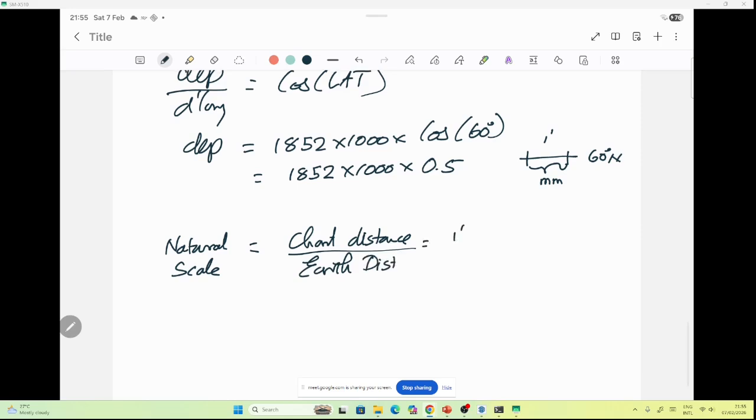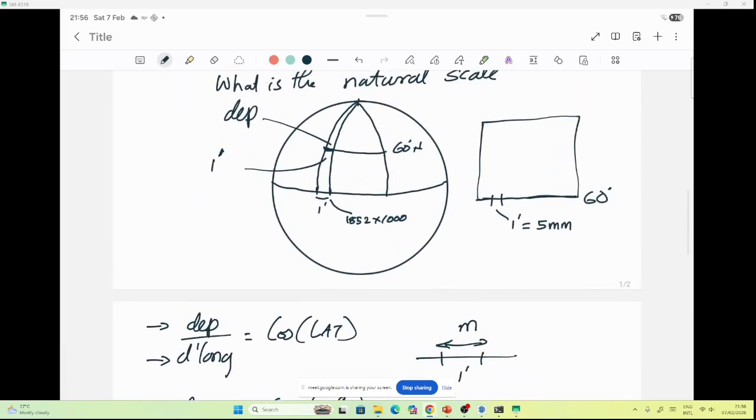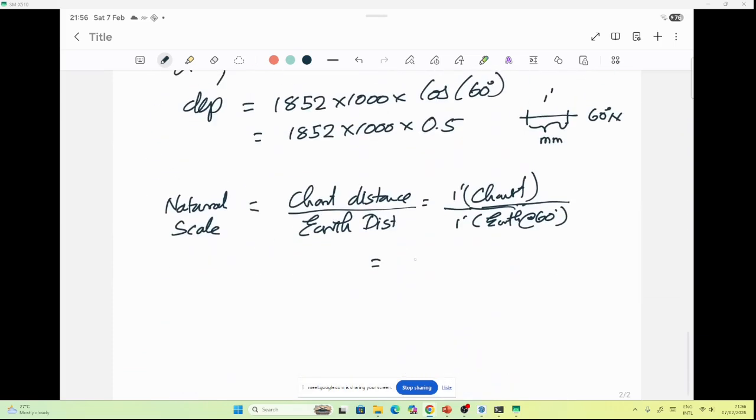We took 1 minute in chart, which is equal to how many millimeters? 5 millimeters.